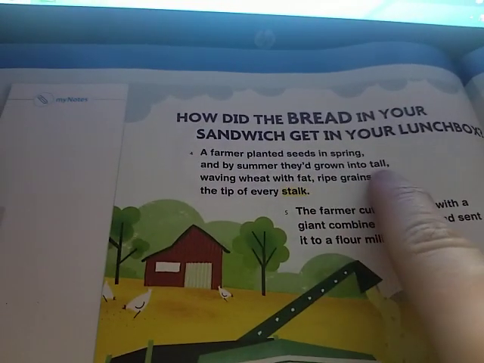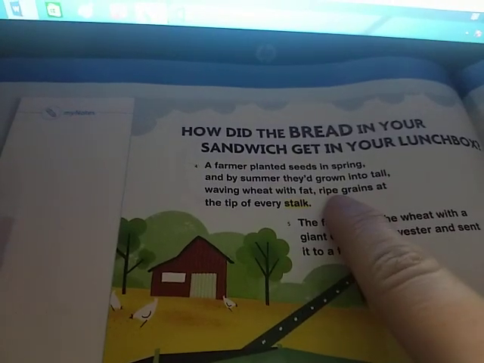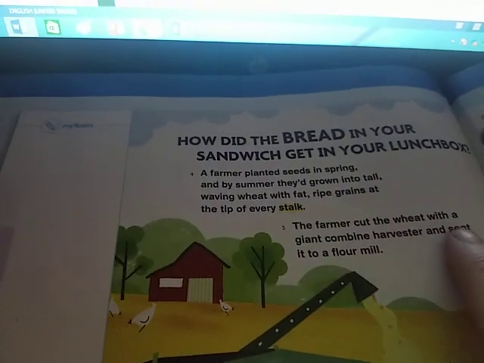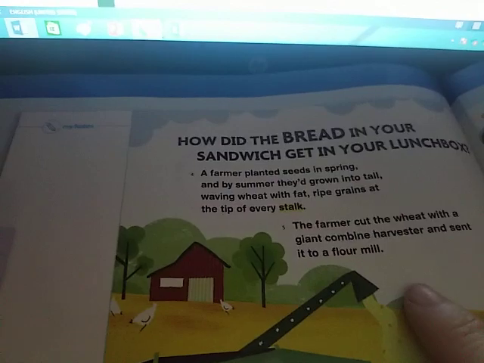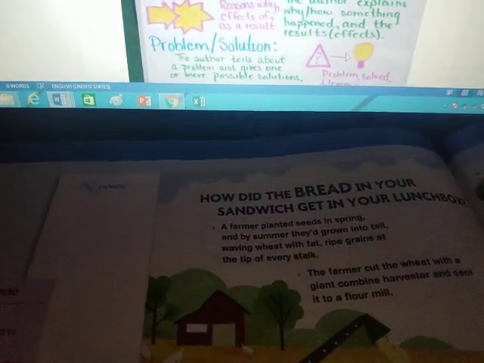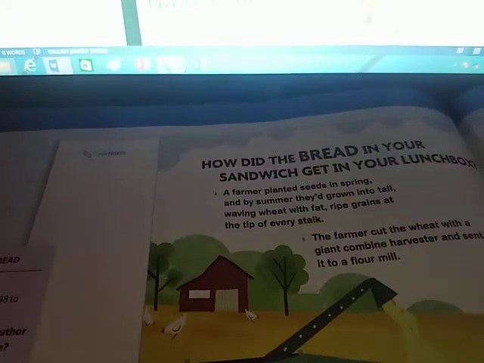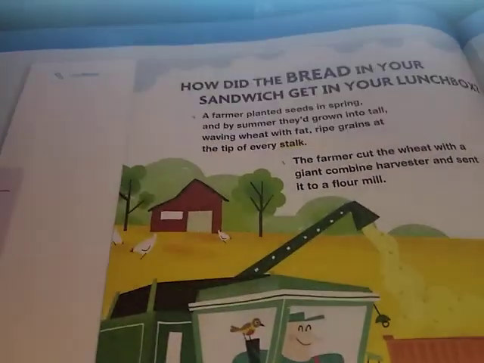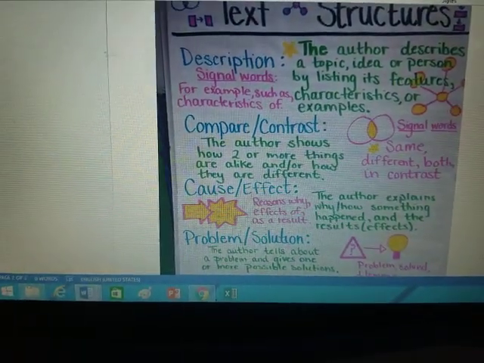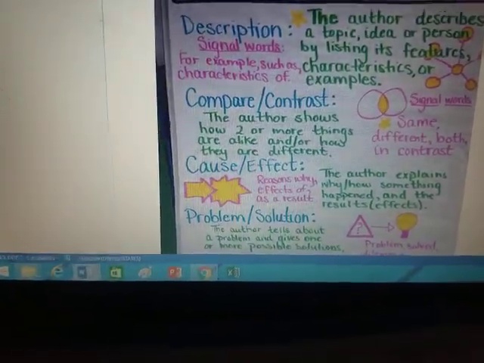They'd grown into tall, waving, fat, ripe, giant. Okay, those are adjectives, aren't they? So is this page organized to be very descriptive? Well, like I said, they are adjectives. So you might want to consider this one right here.